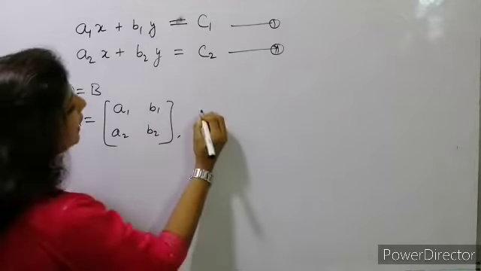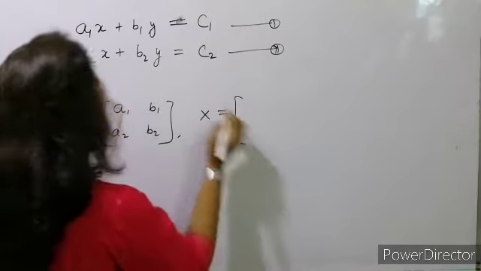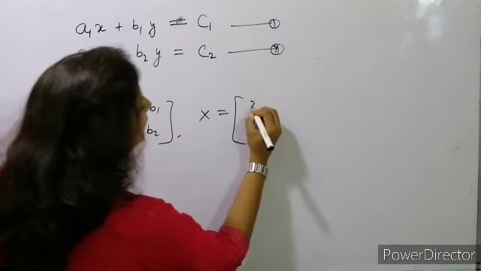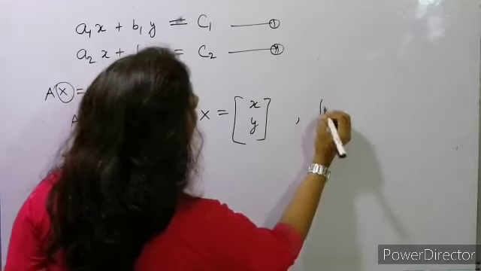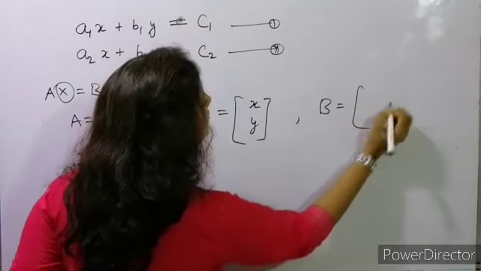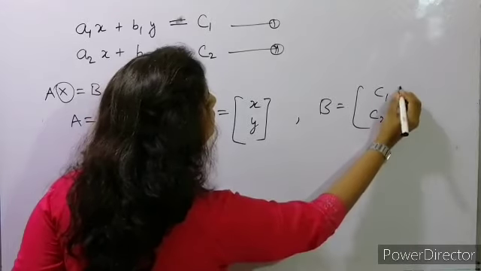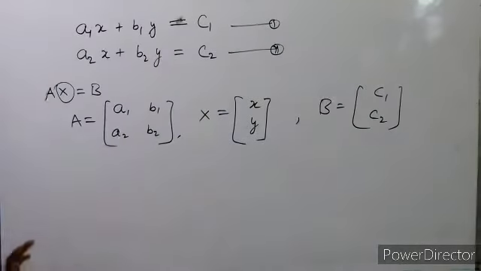Now the X matrix is x and y. And matrix B is c1, c2. Got it?